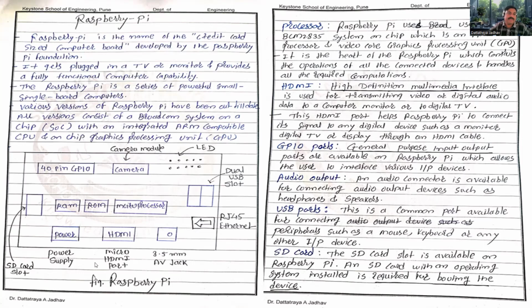The next component is HDMI, that is High Definition Multimedia Interface. It is used for transmitting video or digital audio data to a computer monitor or digital TV. So this HDMI port helps Raspberry Pi connect its signal to any digital device such as a monitor, digital TV or display through the HDMI cable.